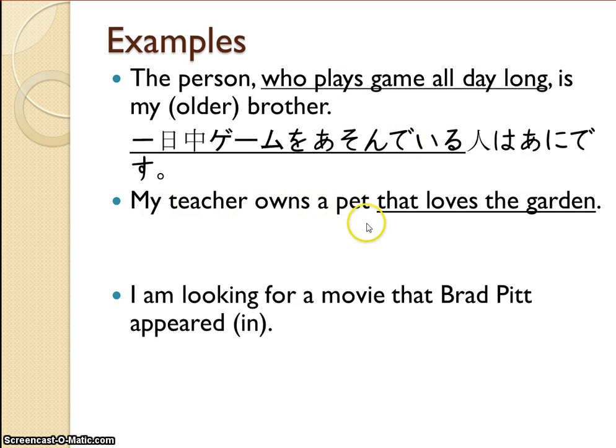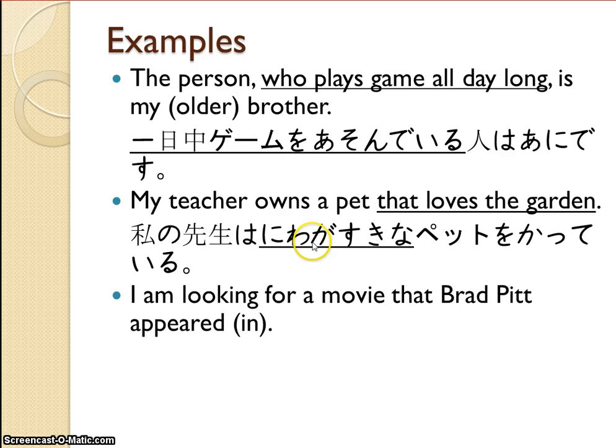My teacher owns a pet that loves the garden. My teacher owns a pet, period. So this will work beautifully. 私の先生はペットを飼っている。So this one becomes 私の先生は庭が好きなペットを飼っている. And that's how this one will be modified. Remember, you're keeping dictionary form. Last one, I am looking for a movie that Brad Pitt appeared in.